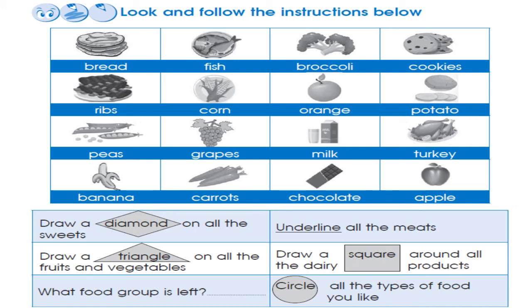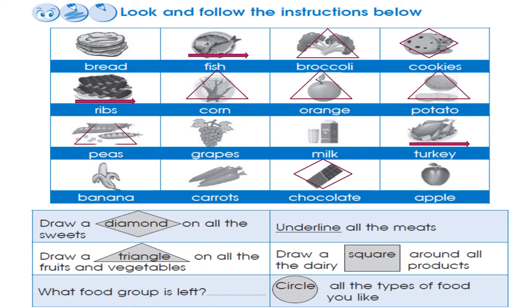Let's see. We have bread, fish, broccoli, cookies, ribs, corn, orange, potato, peas, grapes, milk, turkey, banana, carrots, chocolate, apples. We are going to draw. This is a diamond, the line, and triangles.